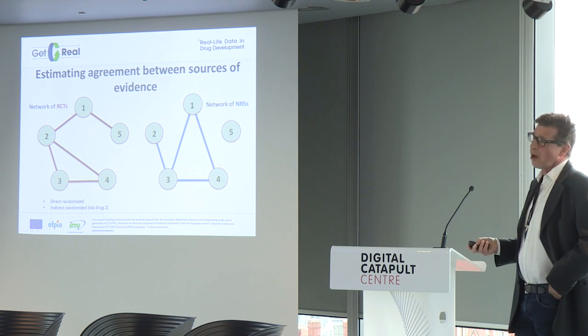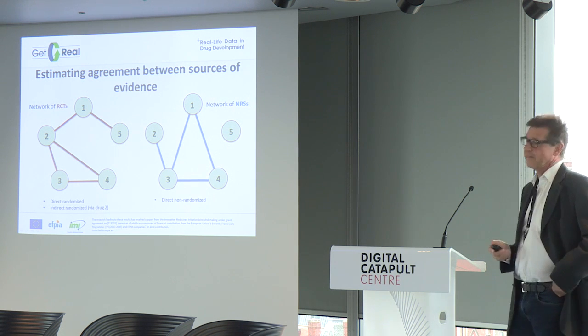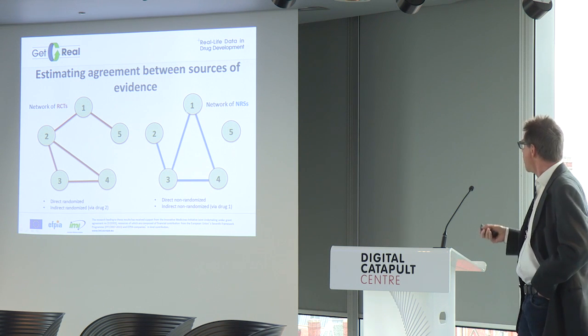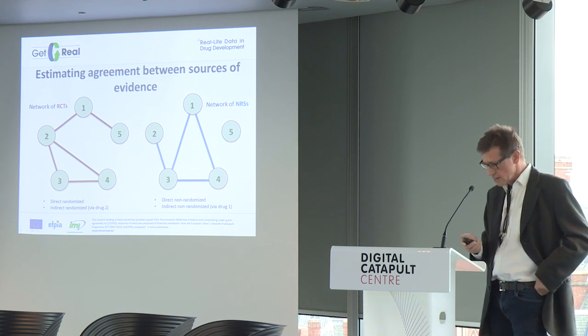And the same thing applies for observational evidence. You can have direct non-randomized evidence, and you can have indirect non-randomized evidence, again here through another drug, in this case drug 1. So we use these data to look at how the evidence differs according to whether it's direct randomized, indirect randomized, direct observational, or indirect observational, using this large database.